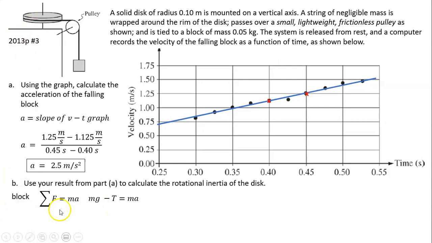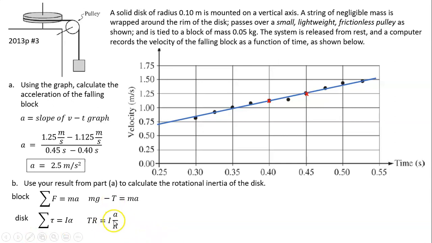Then for the disk, we have sum of the torque equals I alpha. What is producing the torque? That's tension. T times R equals I times alpha. Alpha equals a over R because the disk is rotating without slipping.